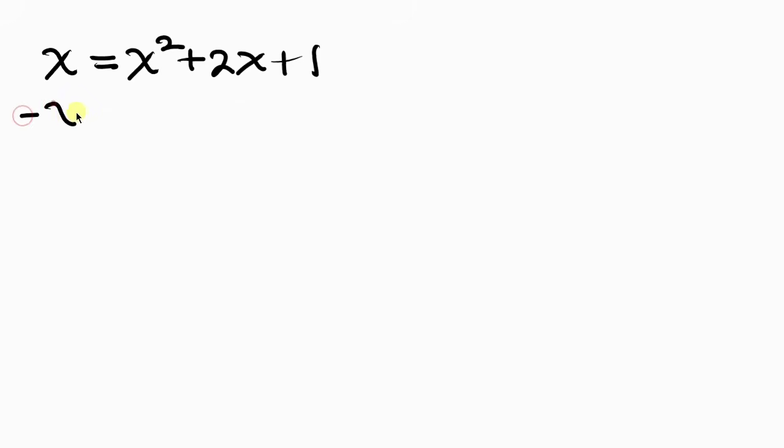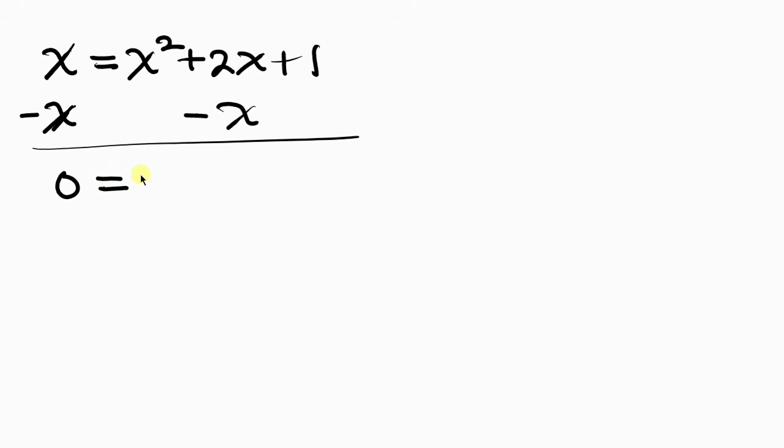So I'll subtract x from both sides. On subtracting x from both sides, x minus x is 0, so this is equal to x squared, then 2x minus x will be x, and then plus 1. Very good. So we have a nice quadratic equation.